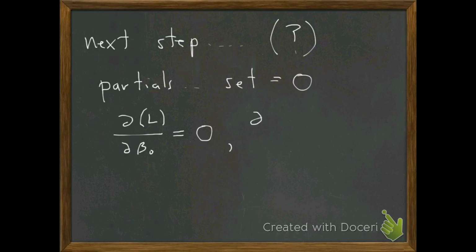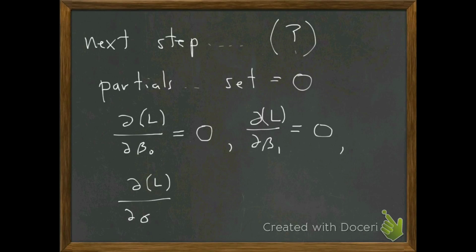Take the partial of L with respect to beta 1, set it equal to 0. And take the partial of L with respect to sigma squared, set it equal to 0, and solve simultaneously.